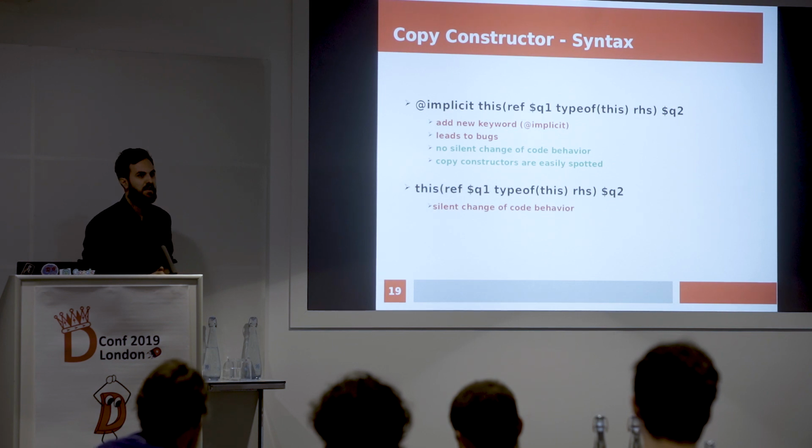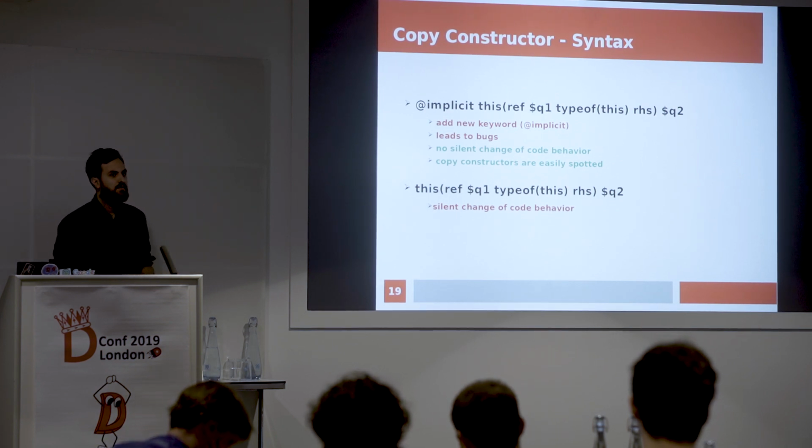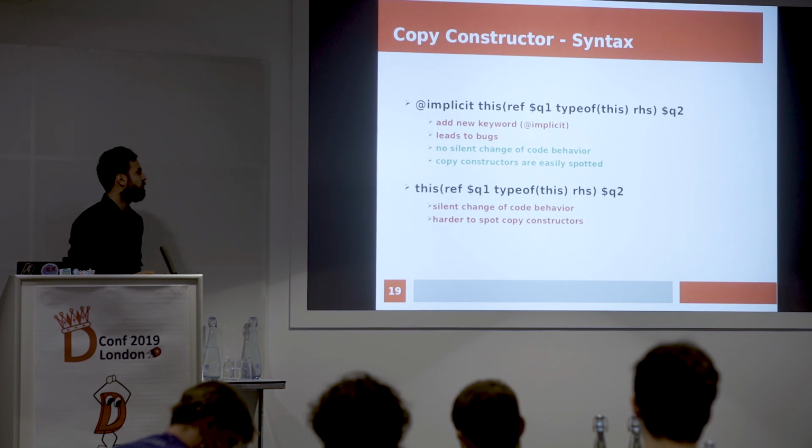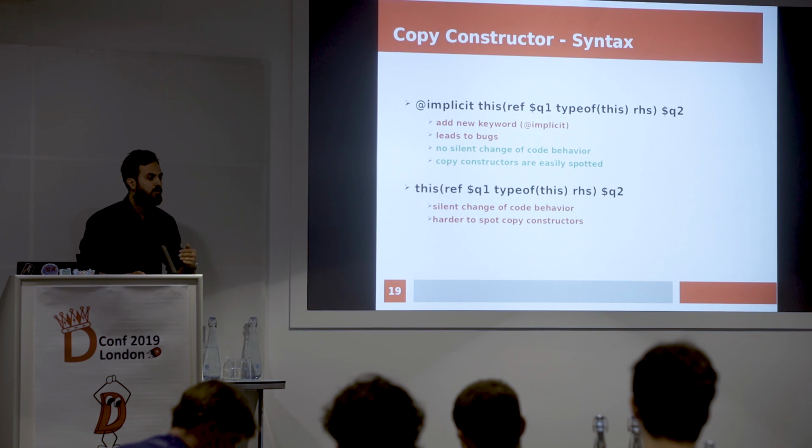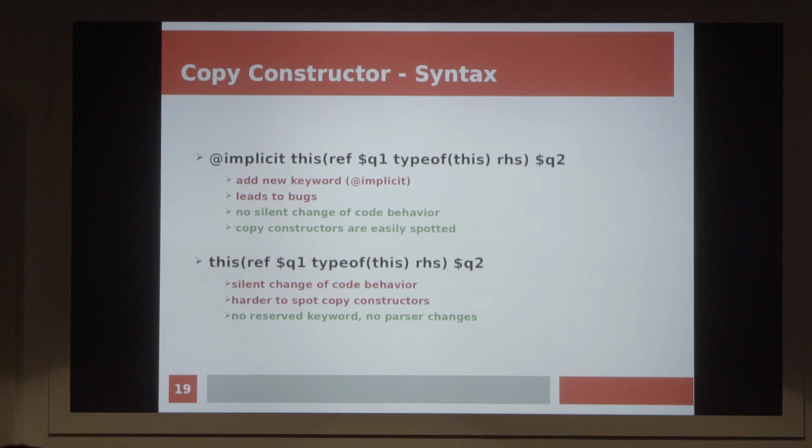So at best, it can be argued that the compiler is going to fix your code by inserting those calls. Also, it might make some confusion, because if you take a quick look, you might not differentiate between constructors and copy constructors. But it has the big advantage that you don't modify the parser, you don't add any new keywords, and less is more.